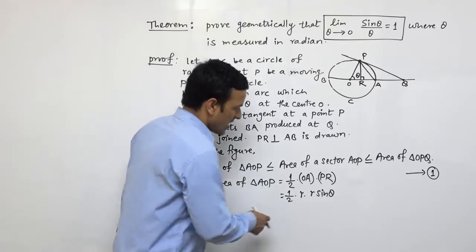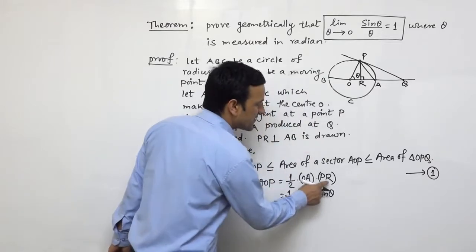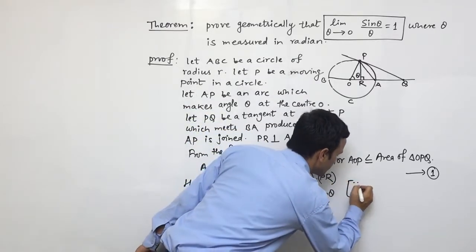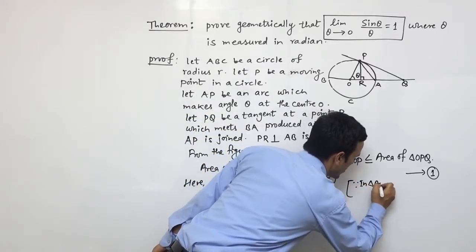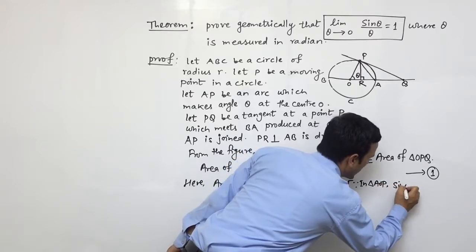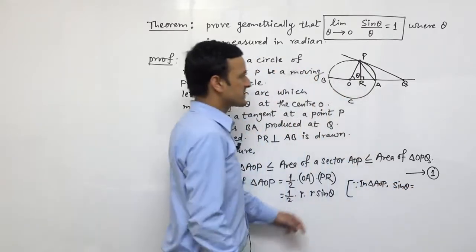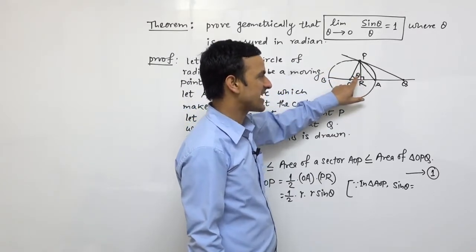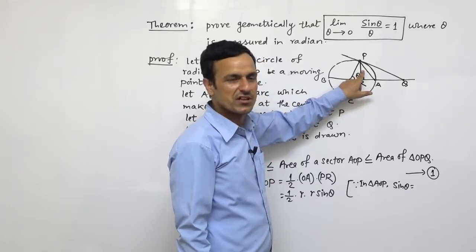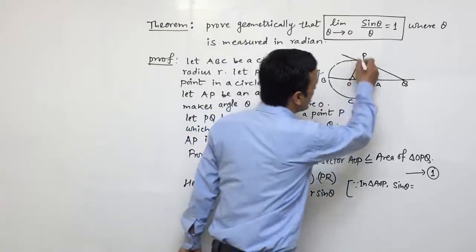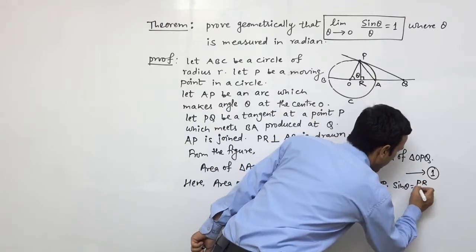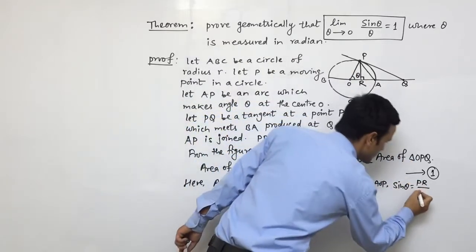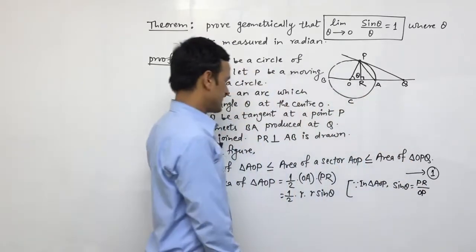So how to obtain, how to get this R sin theta from PR? So look at once. So this is the reason. So in triangle AOP, as you find the value of sin theta means perpendicular and hypotenuse, just opposite to the reference angle. यो angle को just opposite हाम्रो perpendicular छ. So perpendicular is PR, and hypotenuse means right angle को opposite भनेको OP छ यहाँ चाहिँ.